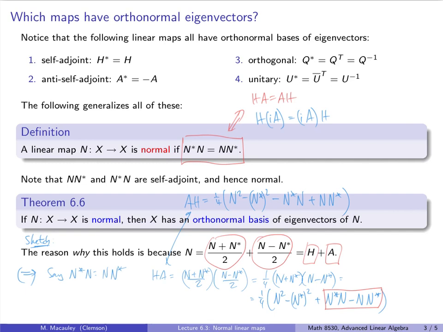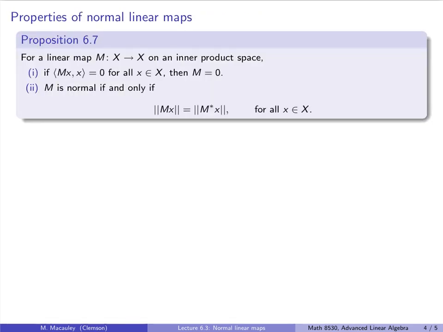If there is an orthonormal basis of eigenvectors of M, then that means we can conjugate M, change bases, via a unitary matrix to get a diagonal matrix. So if we use that, we should be able to show that the converse holds, and I will leave that as homework. Let's move on and investigate what else we can prove about normal linear maps. Now, remember, you should think of these things as the linear maps that have an orthonormal basis of eigenvectors.